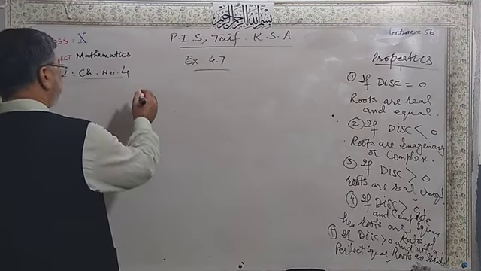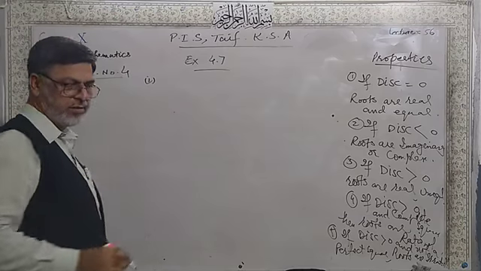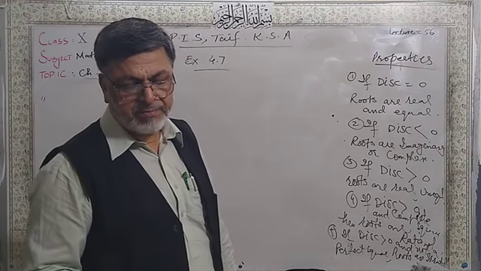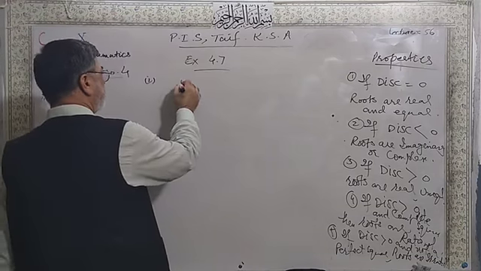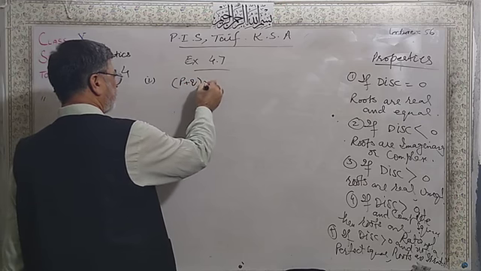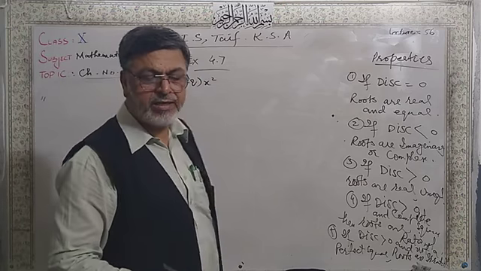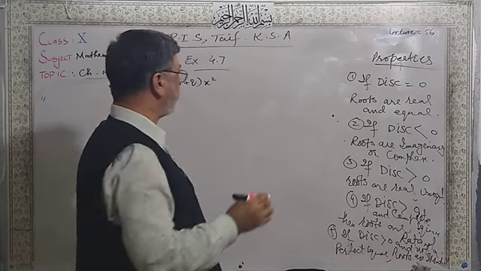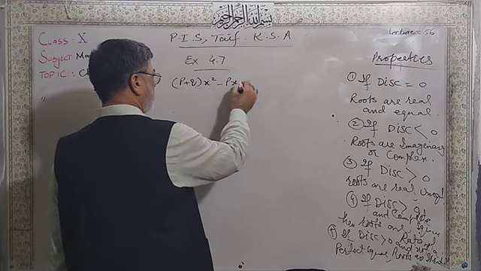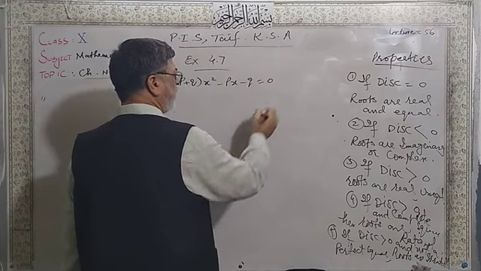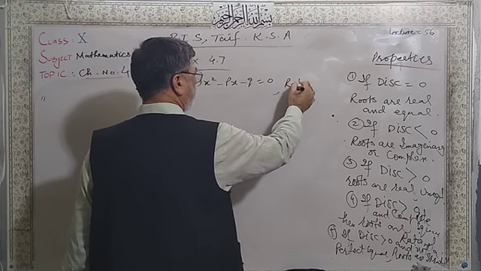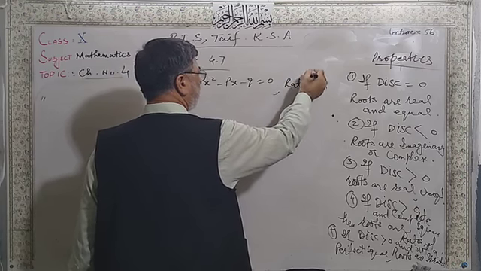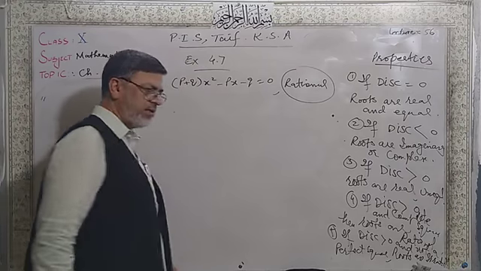For example, (p plus q) x square minus px minus q is equal to 0. We have to prove that roots are rational.